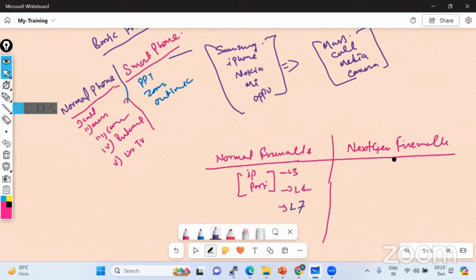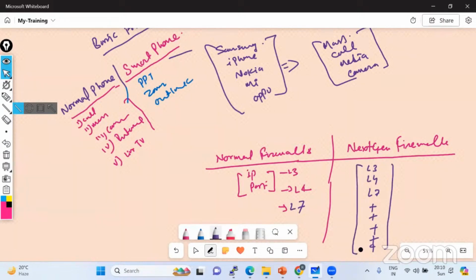But when you talk about the next generation firewall, they can do layer 3 inspection. They can do layer 4 inspection. They can do the layers and plus many more, which you don't know, right? Which I'm going to explain. So they have a lot of capabilities. The smartphone and the next generation firewall, you can think of both in the same way.